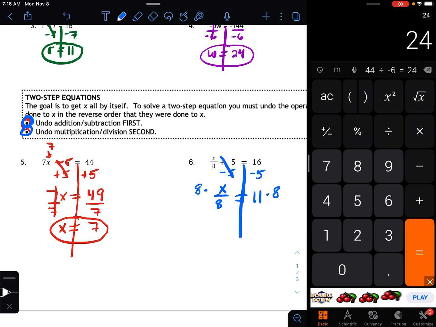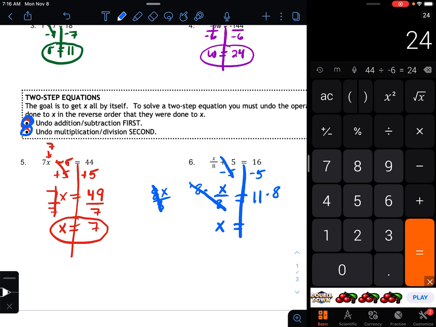When you multiply that by 8, what you're really doing is multiplying the numerator by 8. So you really have 8 times x over 8. And remember, 8 divided by 8 is 1. So when you do that, what that really does is it cancels out the dividing by 8. You undo the dividing by 8 by multiplying by 8, and you're left with just 1x, or x.